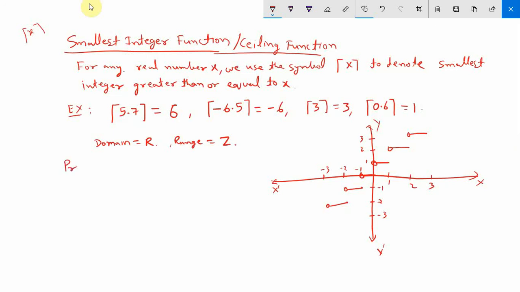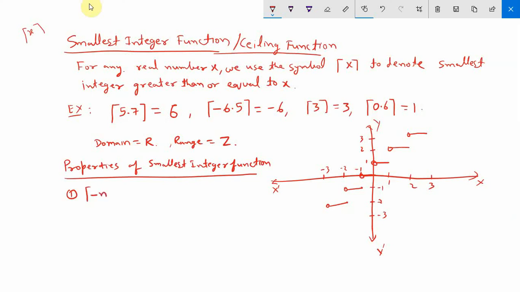Next we will discuss properties of the smallest integer function. So what are the different properties of the smallest integer function? First one, the smallest integer function of minus n, where n is an integer, will be minus of the smallest integer function of n.